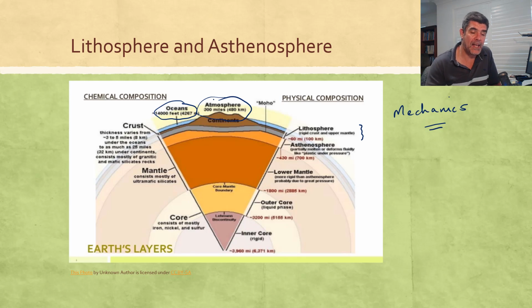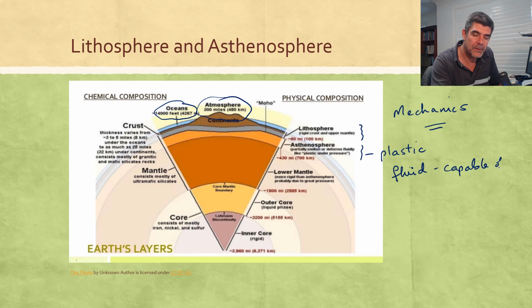Underneath that is a layer which is called the asthenosphere, and the best description for it really is that it's plastic. It is fluid, so therefore it's capable of flow. And so our idea is that the solid rigid stuff is actually capable of moving across the liquidy stuff, or the fluidy stuff, underneath.